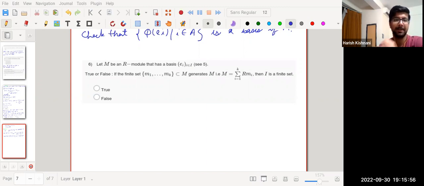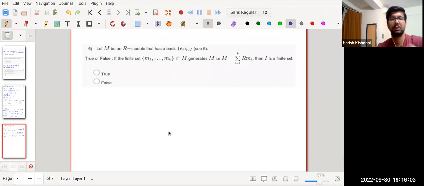So what we can do, we can also use the previous statement or try to prove it independently as well.